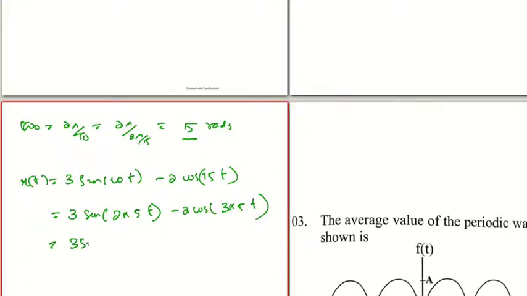So, we can write 3 sin 2 omega 0 t minus 2 cos 3 omega 0 t. So, this is actually the second harmonic and this is the third harmonic, okay.